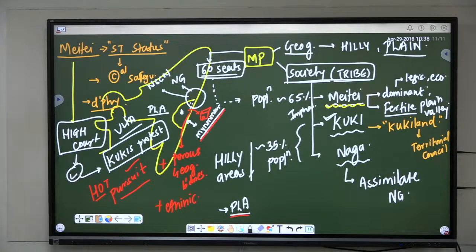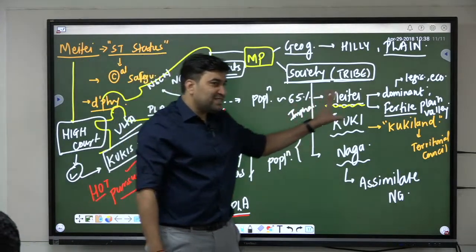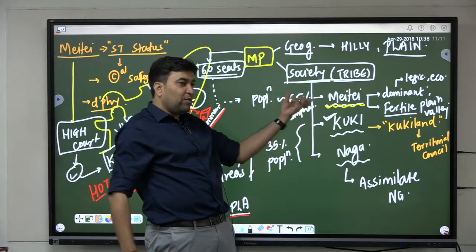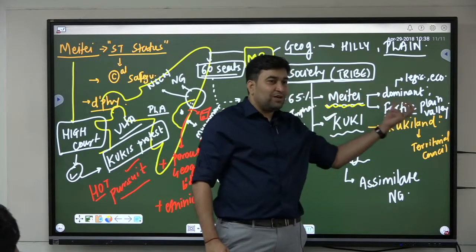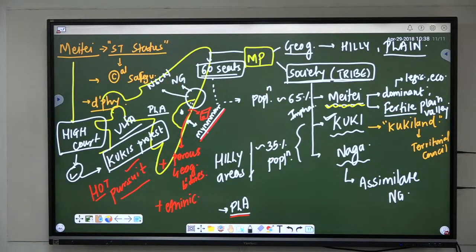I think you can write like this directly. Metis, Kukis and Nagas, keep some space. I will dictate that they are having 65% of the population. They stay in fertile plain area, etc. So first, Meitei tribes. They occupy about 65% of the population of Manipur.